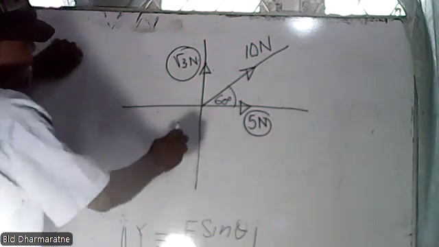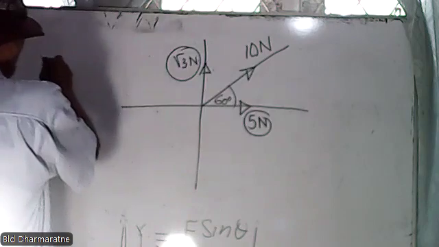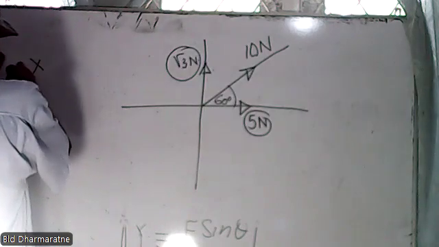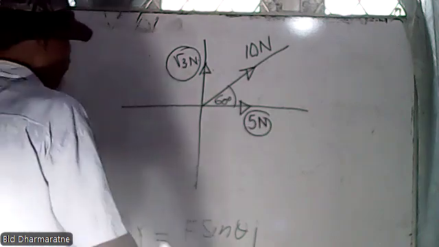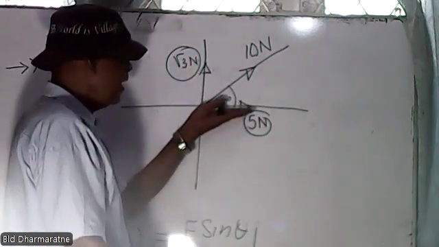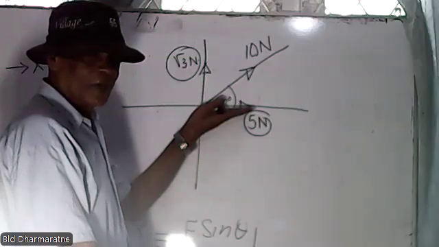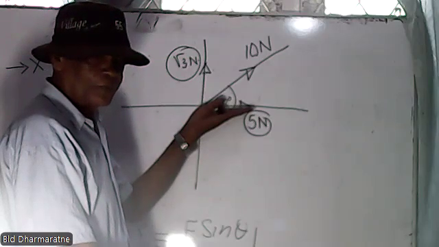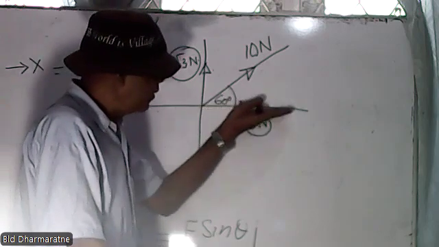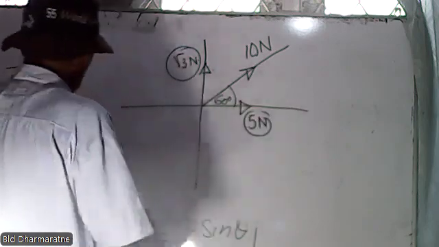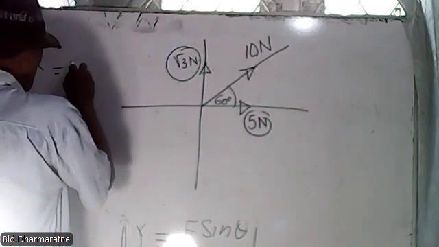Now the x-axis direction, resolving forces in the x-axis direction. In this one, the 5 Newton force, no resolving. The angle is 0. F cos 0. Cos 0 is 1. Only this can be taken the same way, 5 Newton. No resolve.